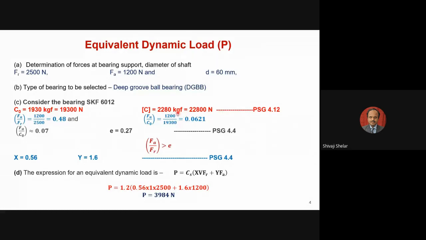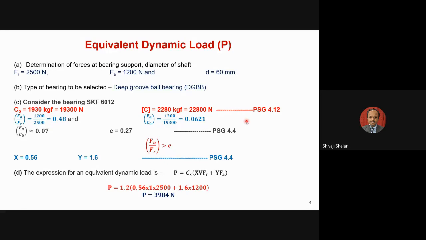So let me check whether I have taken the same value. So 2280 is correct. Converting into Newton, that is 22800 Newton. This data I have taken from PHG 4.12, so when you are writing this data, you have to cite this detail. This is available from the PHG 4.12 table.